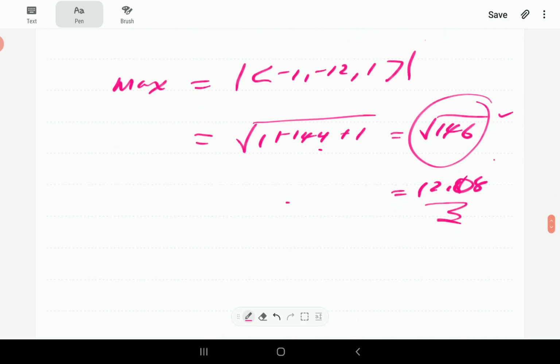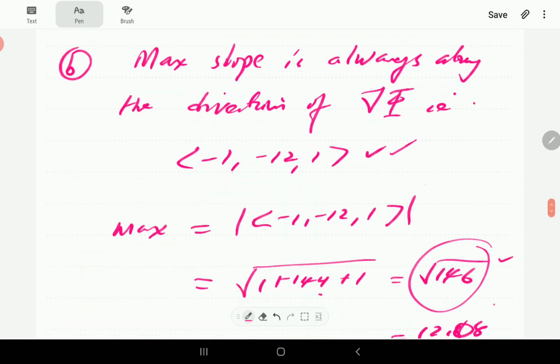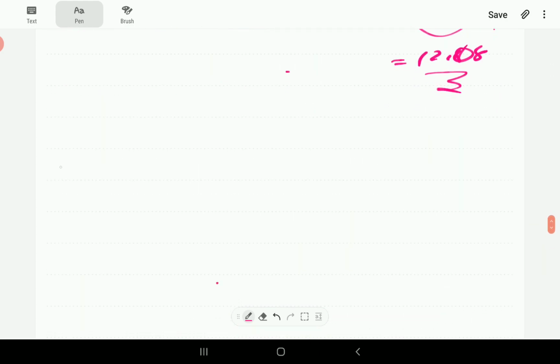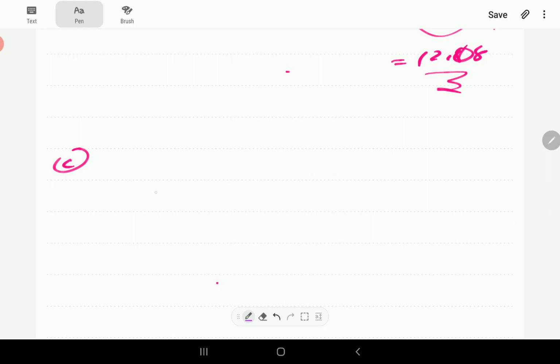Okay, then finally, find the equation of the tangential plane at that same point. Now, when it comes to the tangential plane, if you imagine this is our surface, and this is our point in question, the gradient vector is always going to be at 90 degrees.